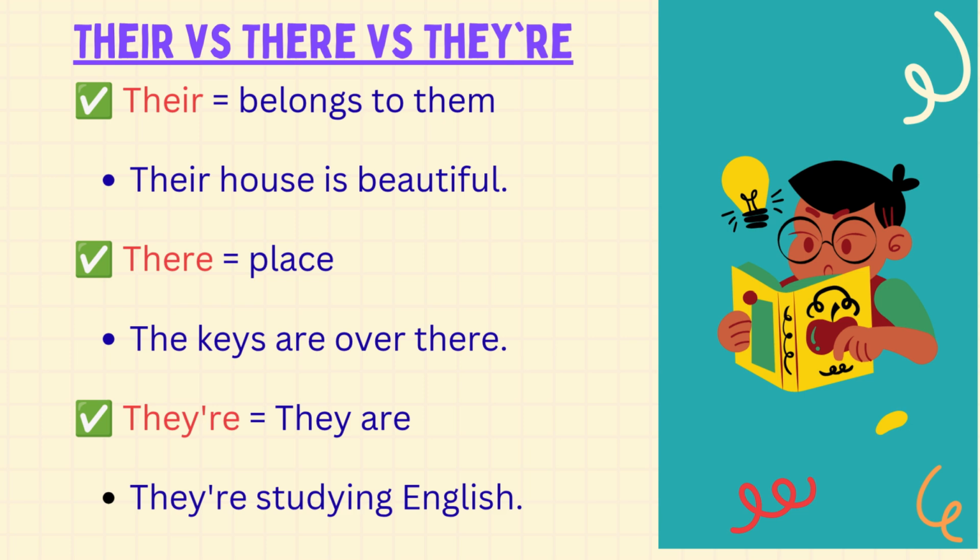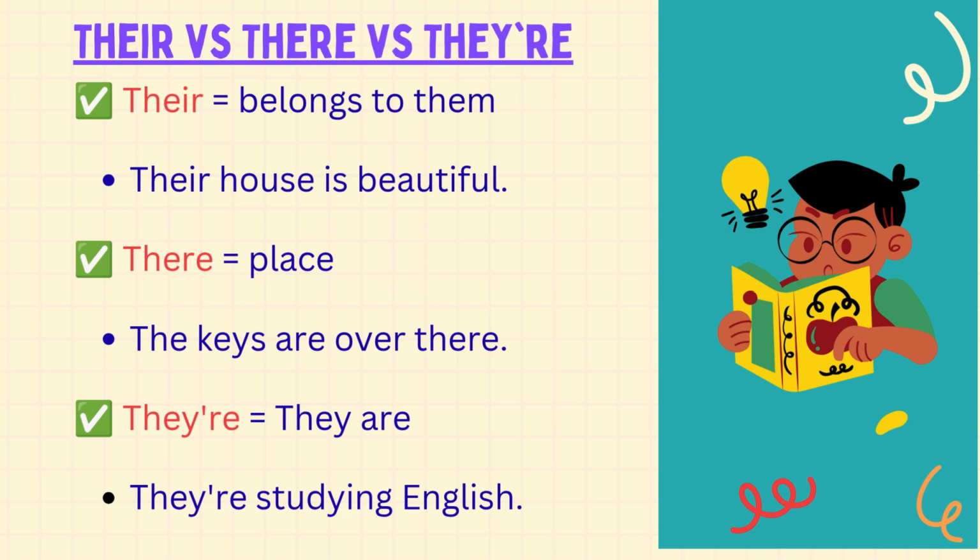Their versus there versus they're. These three words sound the same but have different meanings. What is their? It belongs to them, it shows ownership. Example, their house is beautiful.